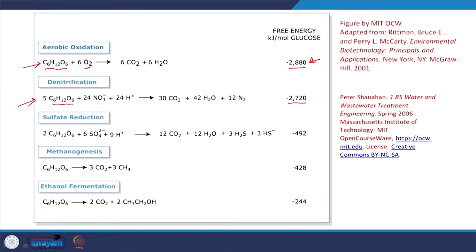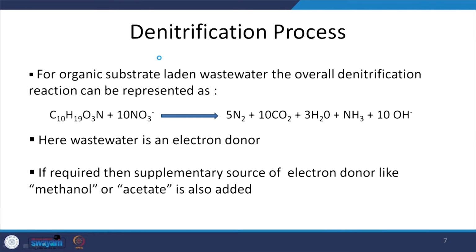So you should not have oxygen, because if oxygen is present, the kind of microbes that thrive will be different, and you will not have this reaction taking place. If you don't have this reaction, NO3 minus to NO2 will not happen. So you have to prevent oxygen from being present.